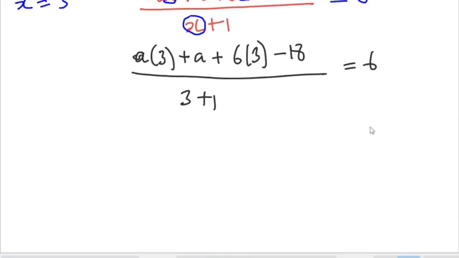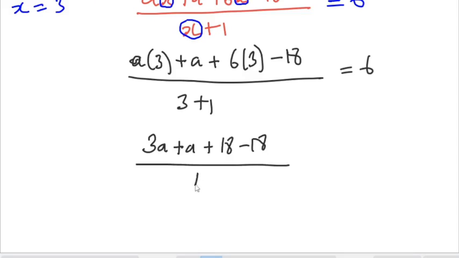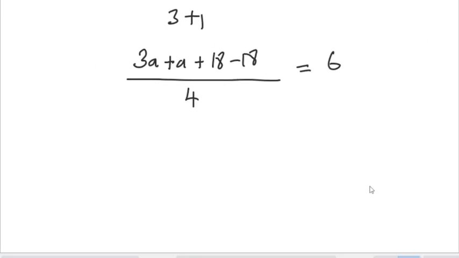Then from here we can work it out. We are just going to say a times 3, we are going to have 3a, then plus a, and then plus 6 times 3, it's 18, minus 18, over 3 plus 1, it's a 4, equal to 6.